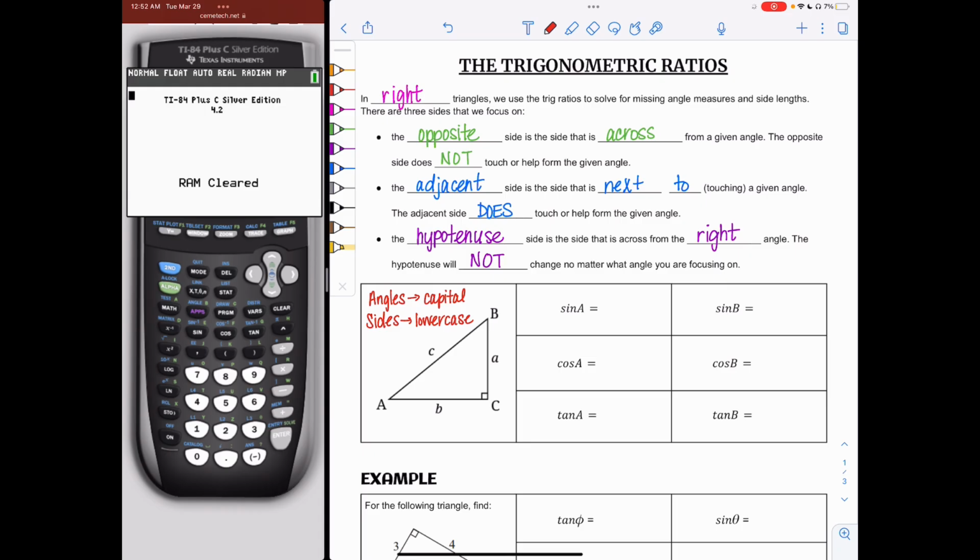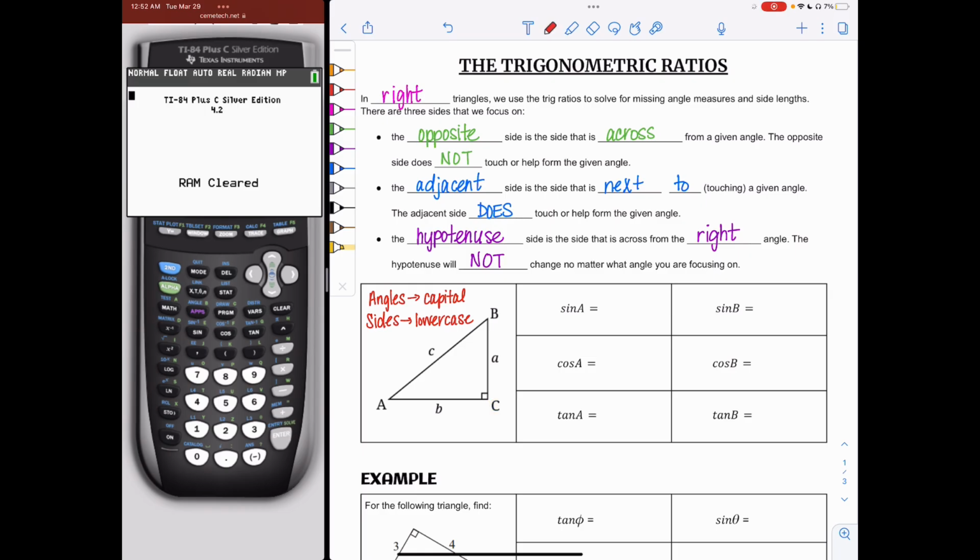If we're looking at angle A, the side that is across from angle A is named lowercase a. If we are looking at angle B, the side that is across from angle B is labeled as lowercase b. And if we are looking at angle C here, the side that is across from angle C is what we call side C. So that is normally how we write.